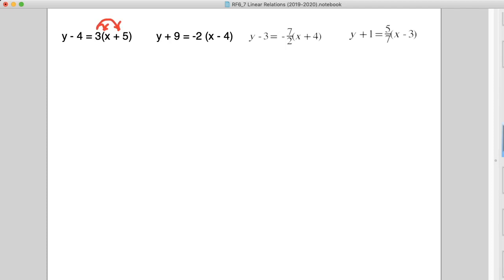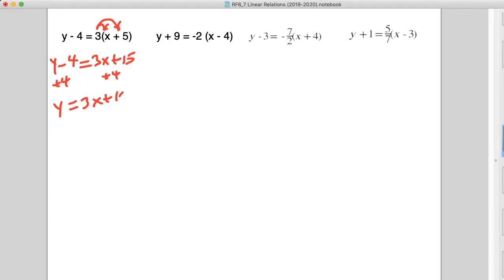So we're going to have y minus 4 is equal to 3x plus 15. And now since that x is already positive and a whole number on the right side, we're just going to move everything from the left onto the right side. So I'm going to add 4 first. So you have 3x plus 19.